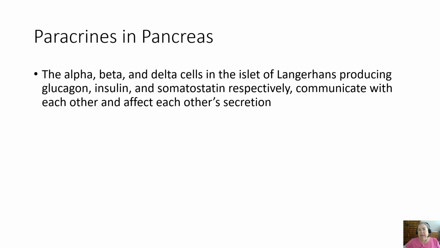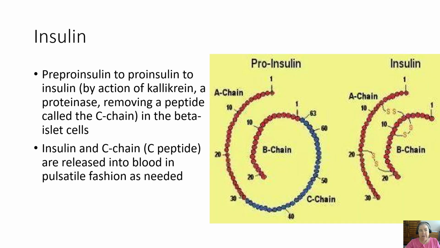So the insulin, glucagon, and somatostatin have effects on the production of the other hormones by the other types of cells surrounding them. The one that we're going to focus on the most is, of course, insulin.